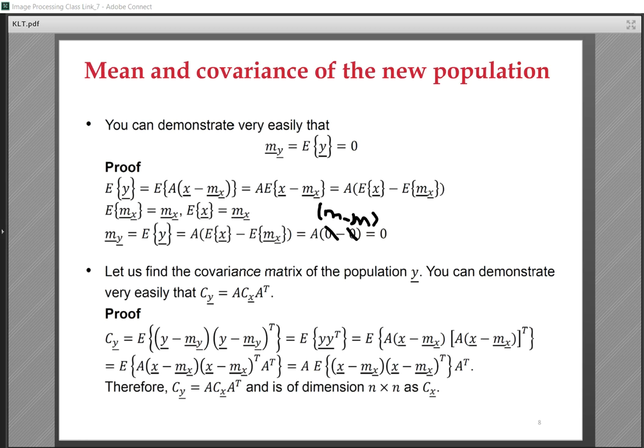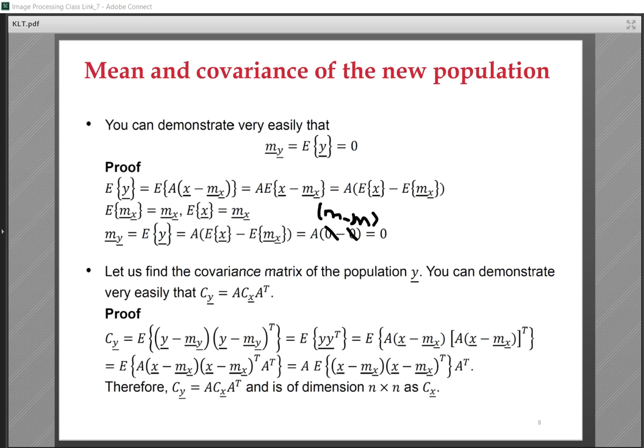Why this item? Because here we proved that my is 0. This is my, and it is 0; we proved it here. This covariance means E[(y − 0)(y − 0) transpose], that means E[y y transpose].